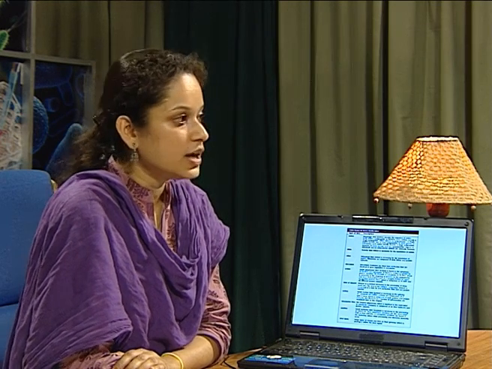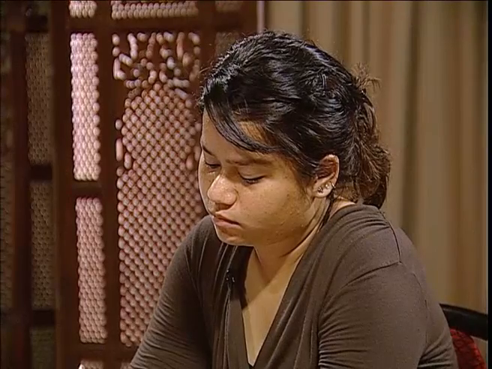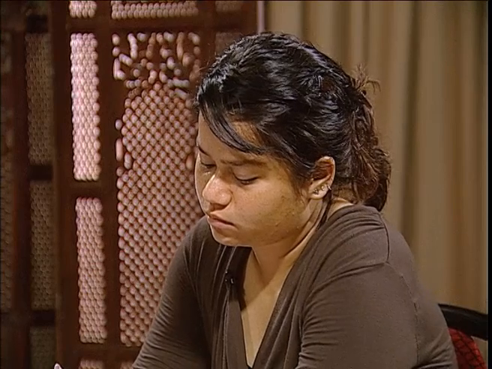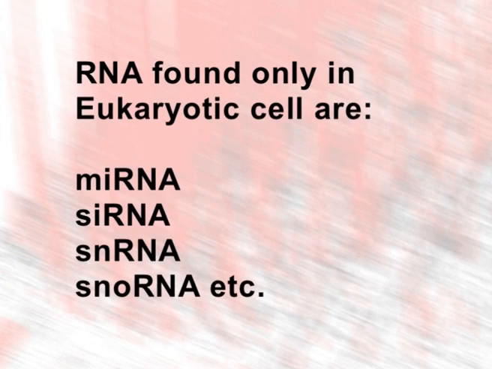While RNAs performing a regulatory function inside a eukaryotic cell are miRNA, siRNA, snRNA, snoRNA, etc. We will be discussing all these kinds of RNA, so let us now move to the different kinds of RNA.